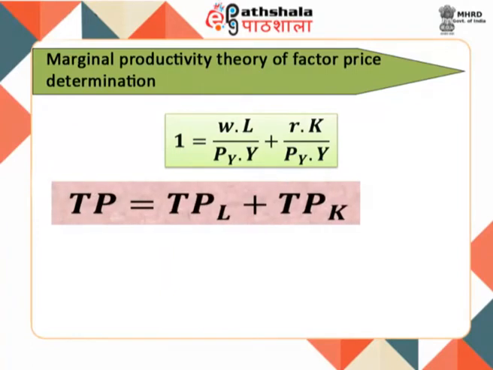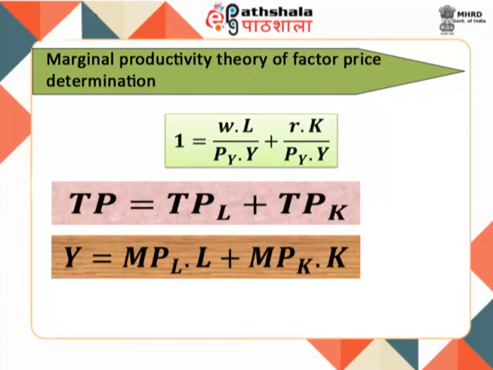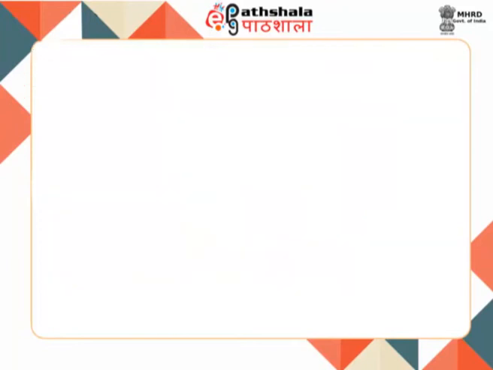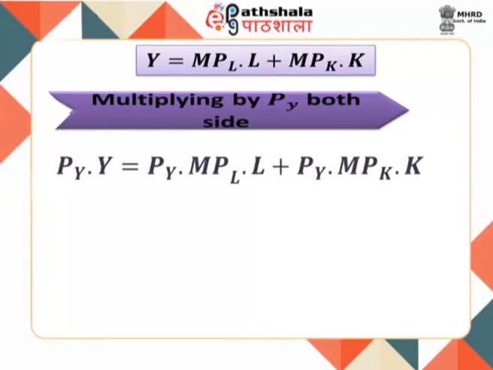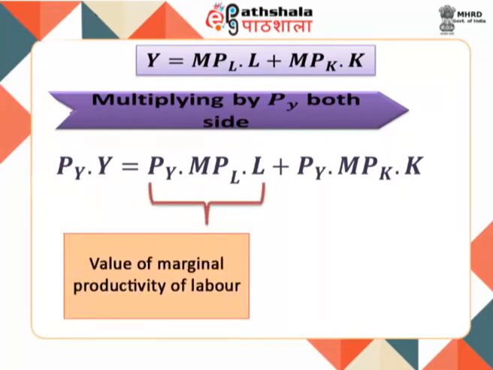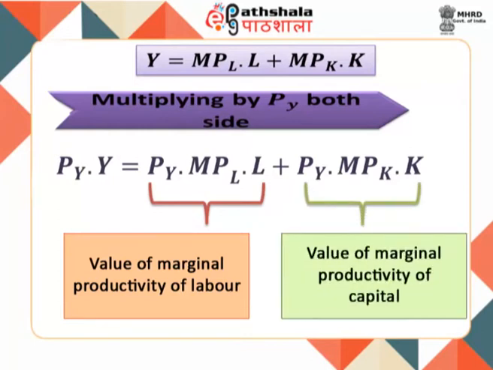That is, TP = TP_L + TP_K, or Y = marginal product of labor into L plus marginal product of capital into K. Now, multiplying both sides by Py, we get Py·Y = Py·MP_L·L + Py·MP_K·K, where Py·MP_L equals value of marginal productivity of labor, and Py·MP_K equals value of marginal productivity of capital.